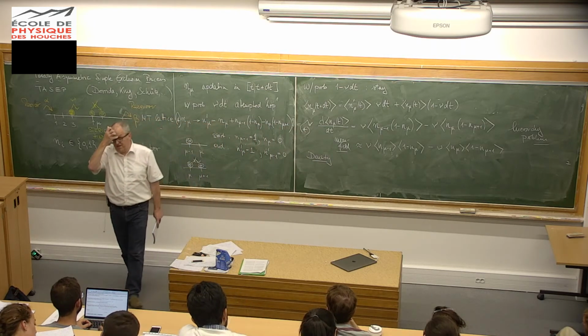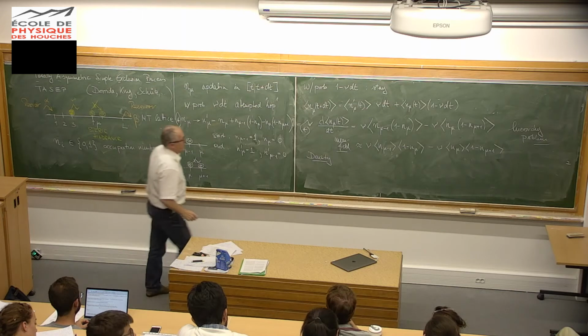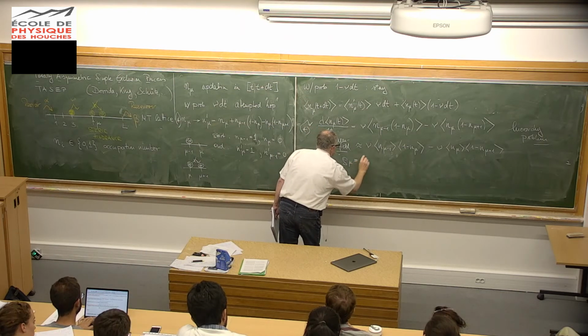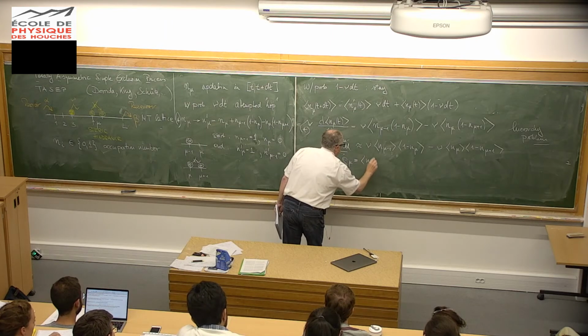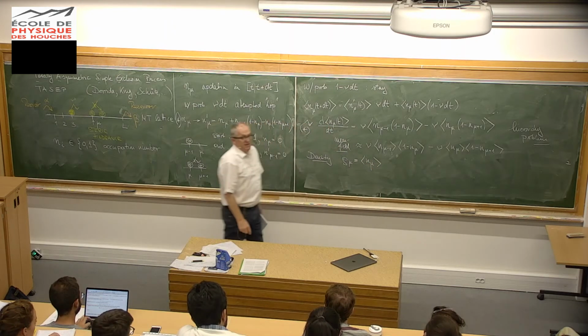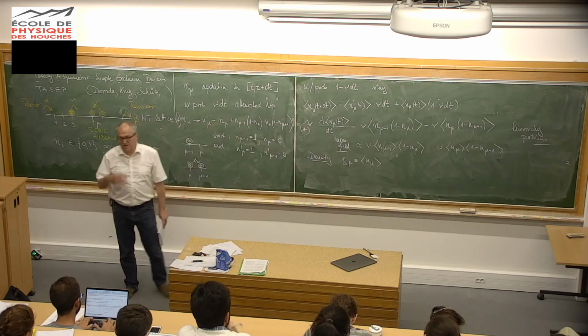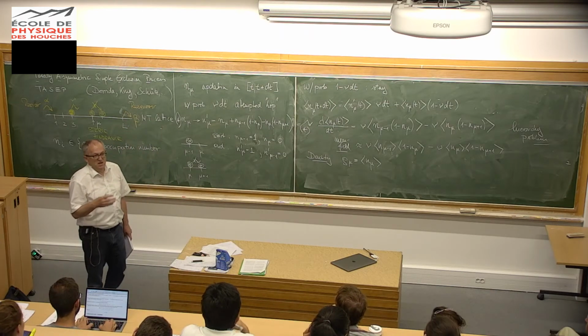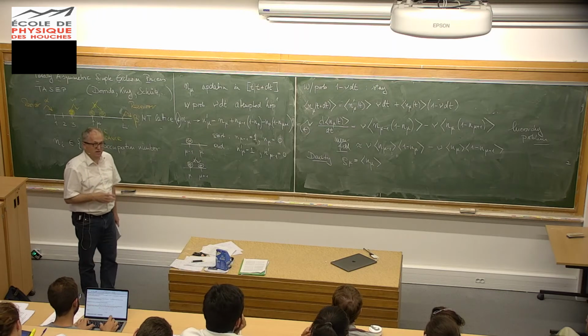So you now define a density rho mu simply by those averages. And you should read this either as the density, if you like, or as the probability of finding at a site mu a particle.